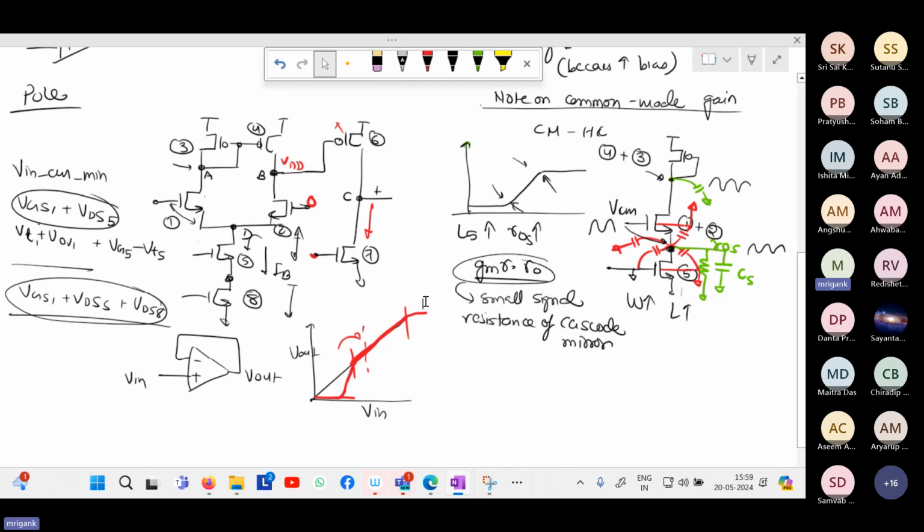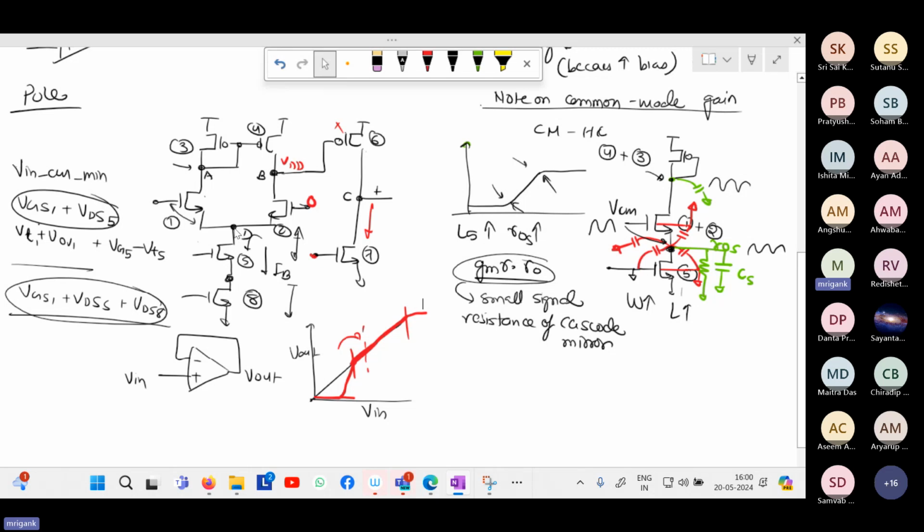So we are talking about the high frequency poles, and somebody rightly mentioned that the high frequency poles are at the drains of B and C. At A, you already have a low impedance node, because at A the small signal resistance is small, 1 upon gm3.